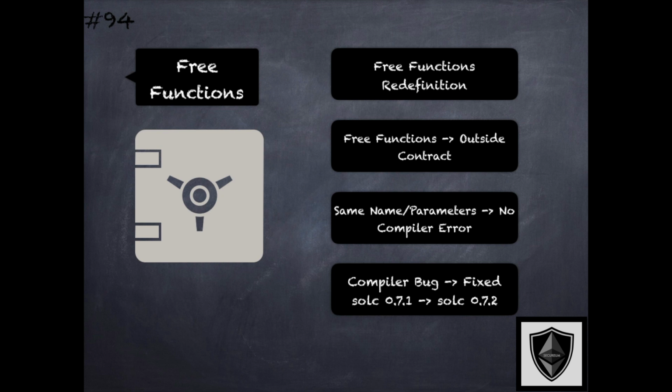So we have discussed multiple compiler bugs in this module so far. Many of them come from the ABI encoder v2 primitive. Some of them come from the use of optimization. And in all those cases, the bugs might appear as being very serious or critical in nature, but we should keep in mind that all these bugs require very specific data structures or very specific conditions to be triggered.